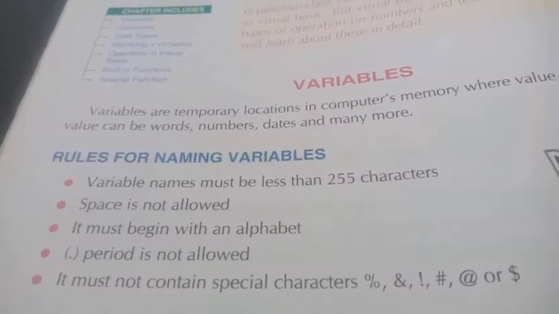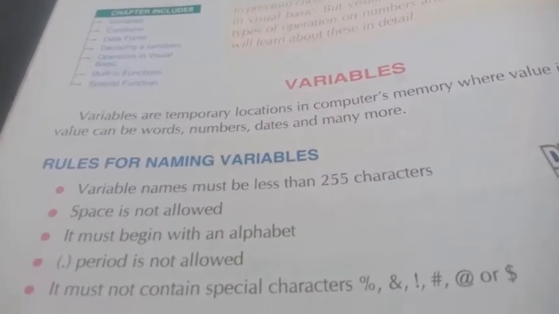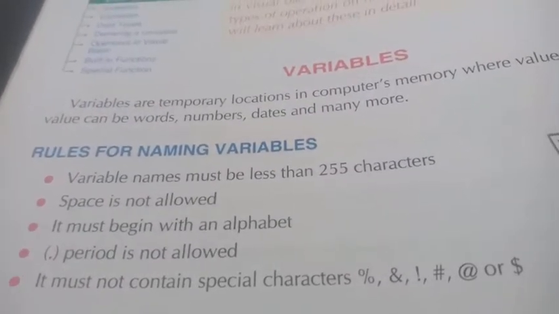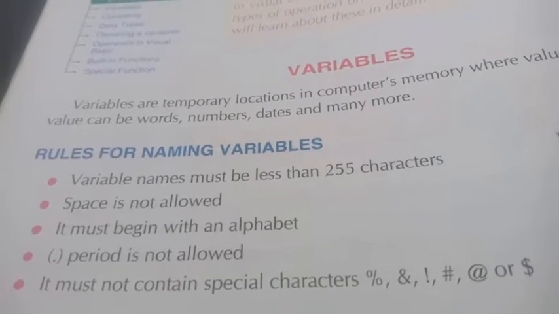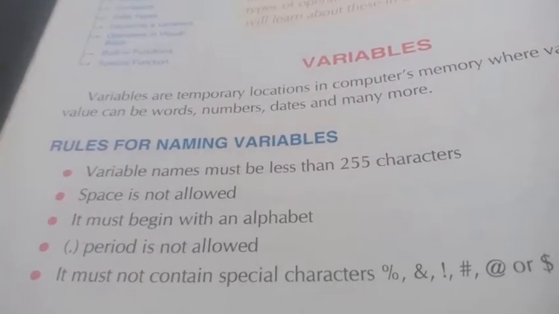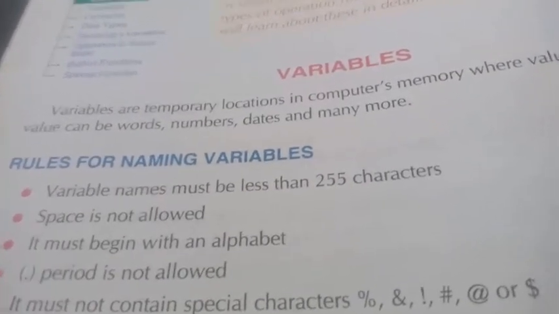In terms of computer, all the data is stored in memory. When we need to process any activity, first we give the data to the computer, and the computer first stores it and then works according to the data.